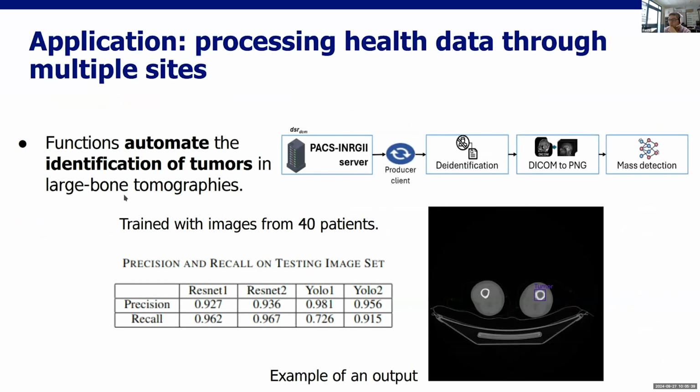So we create this flow where tomographies are processed through a machine learning algorithm to identify tumors in the images. We trained different machine learning models, 2 versions of ResNet and 2 versions of YOLO, and we got different precision values, and the model trained, we put it in a data flow for the processing of these tomographies.